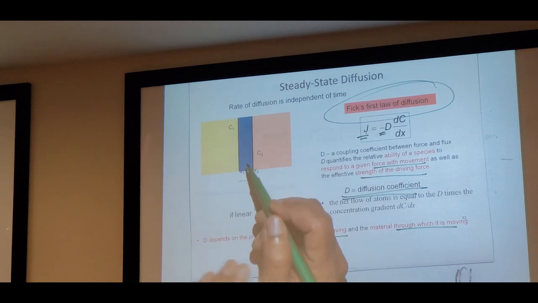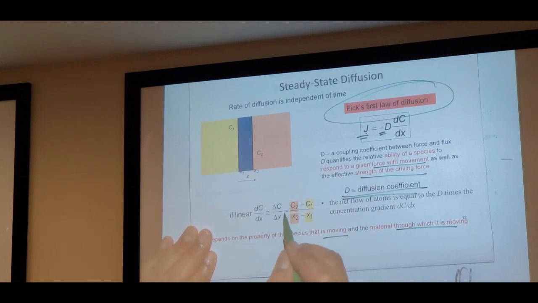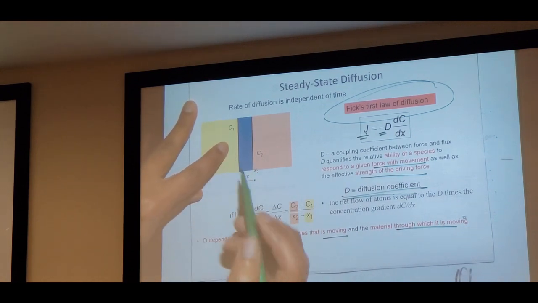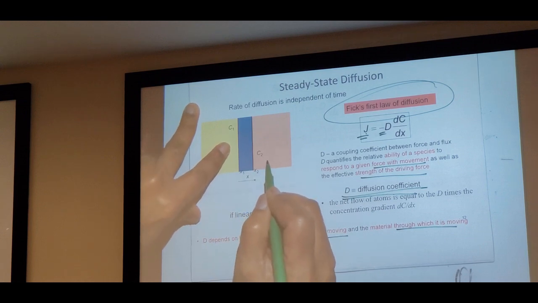When the steady state is reached, you can say that dC by dx is equal to delta C over delta x, which is the change in concentration, C2 minus C1 over X2 minus X1. Consider the concentration on this side as C1 and concentration on the other side as C2.